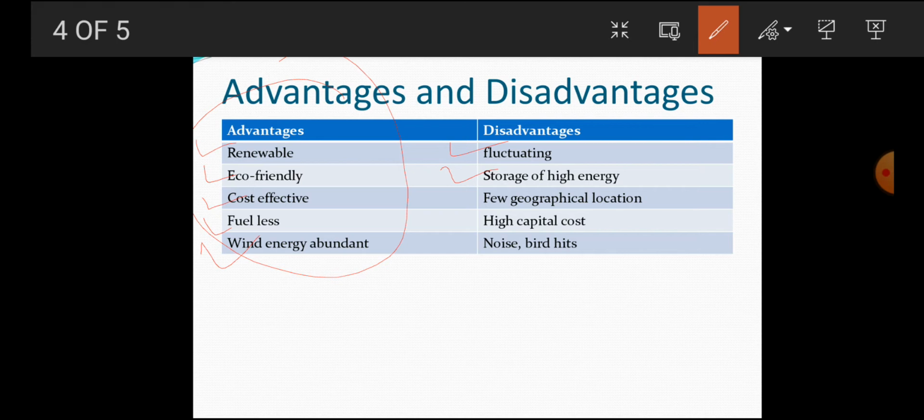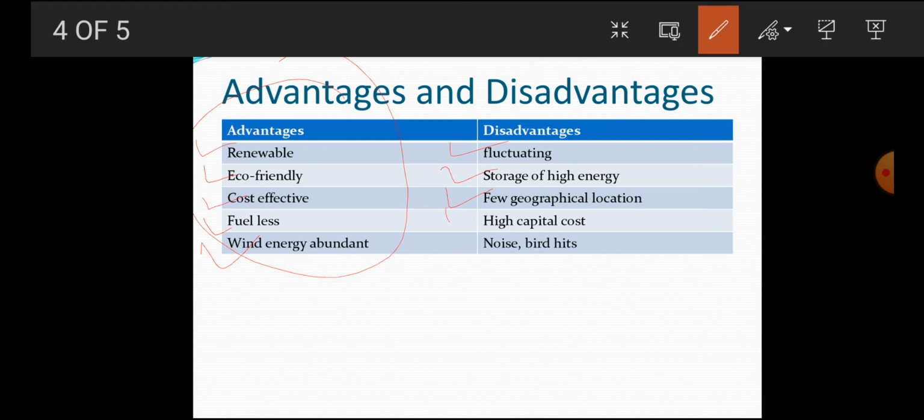Then third, favorable winds are available only in very few geographical locations. So the locations where wind energy is available are very few. That is also a disadvantage, whereas sunlight is available in most parts of the world. Then high capital cost.